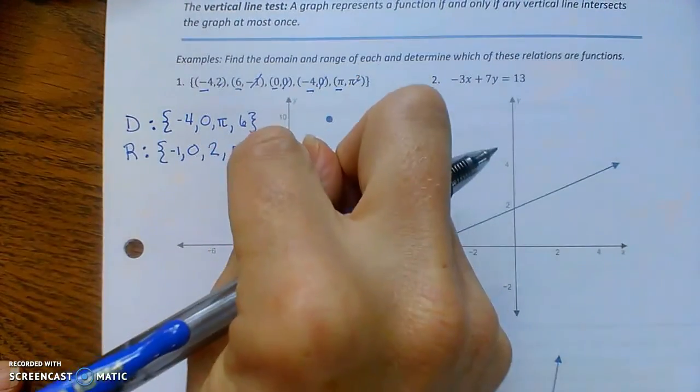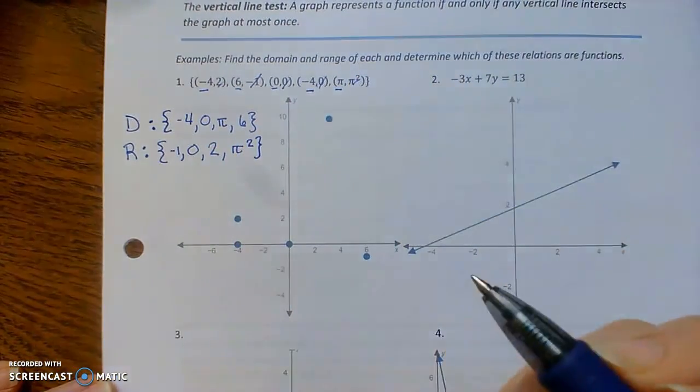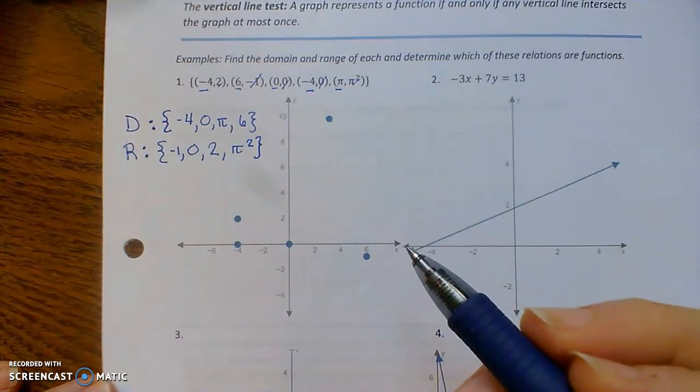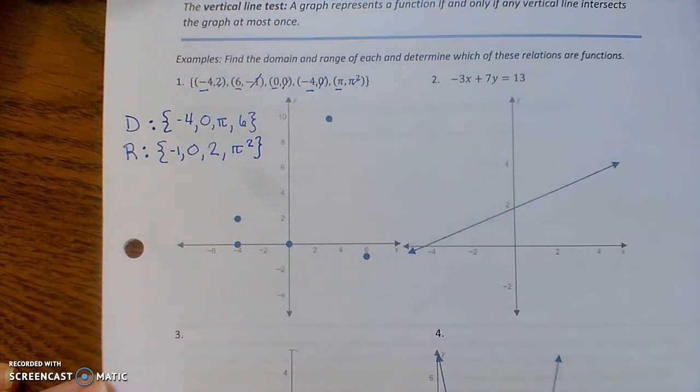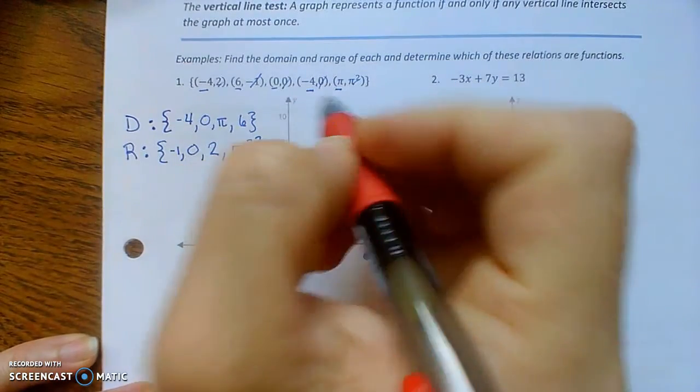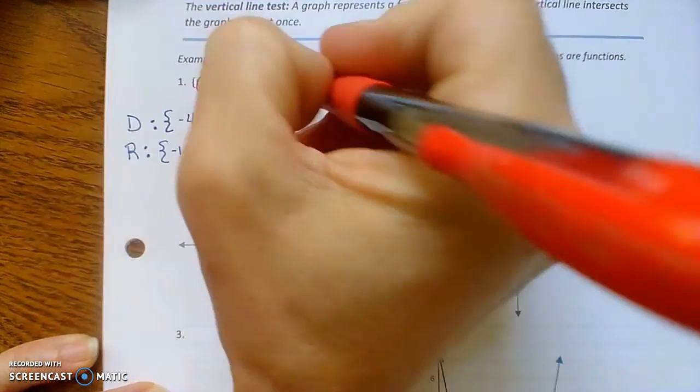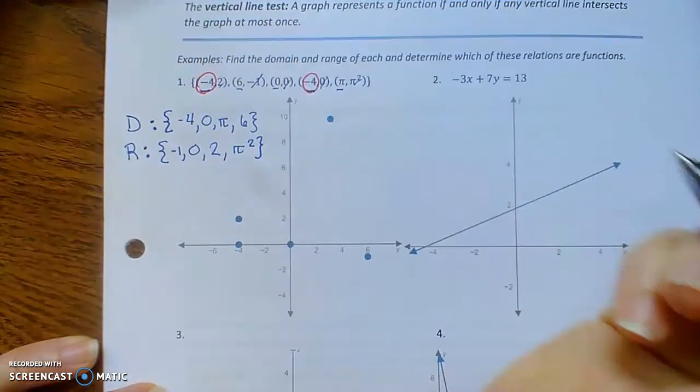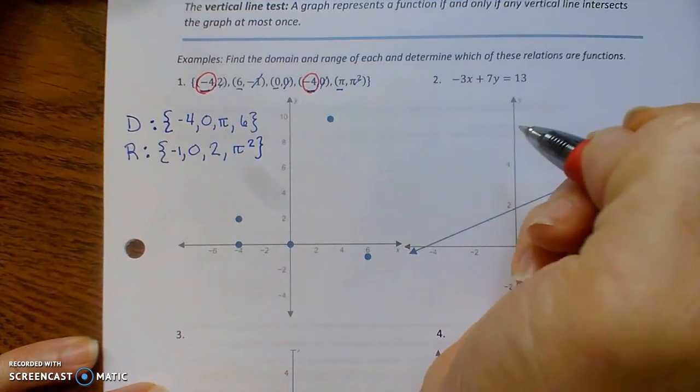So here's my domain, here's my range. Now, is this relation a function? So the answer is going to be no, not a function. And here's 2 ways to see that. Number 1, the x coordinate -4 appears twice.